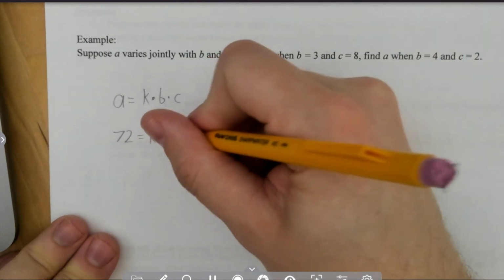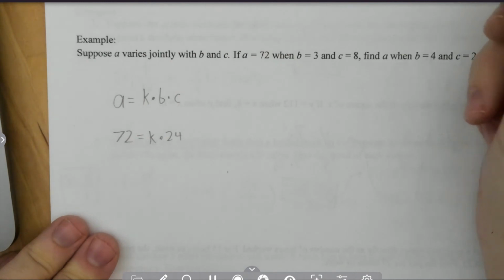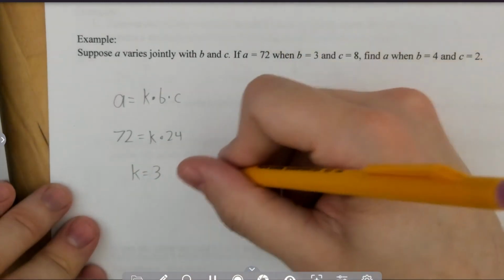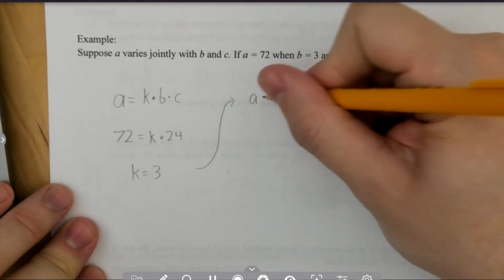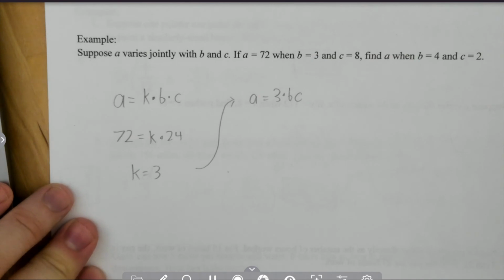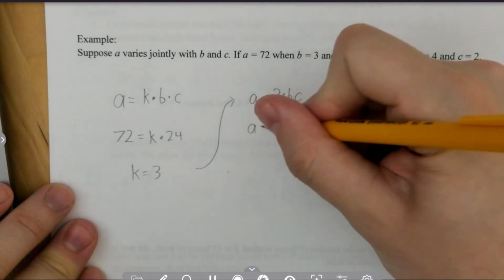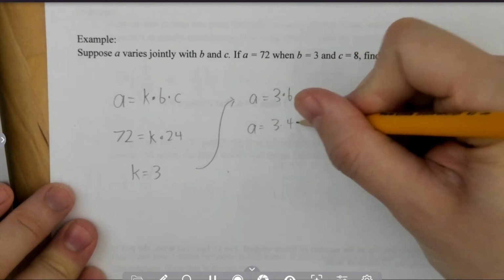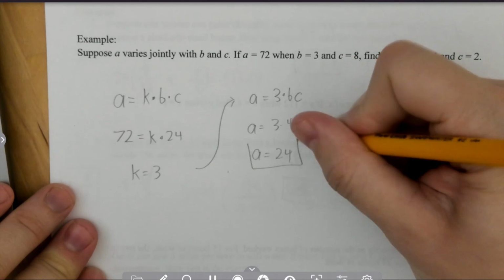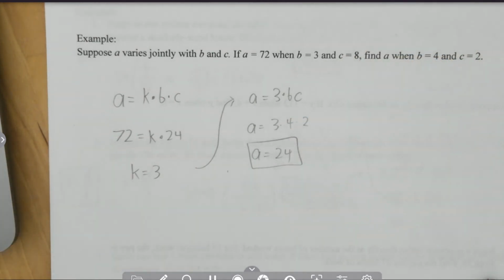I'm going to multiply those and get 24, and that means k should be 3. Let me update my equation now. Find A when B is 4 and C is 2. Just multiply all those together. A is 24. And that gets us through all of 7.5.